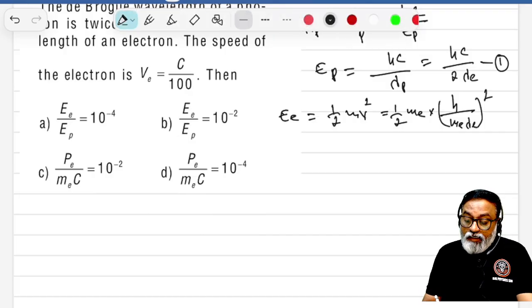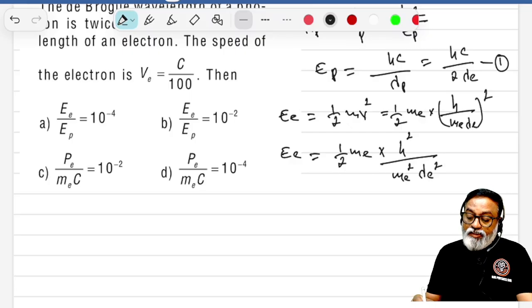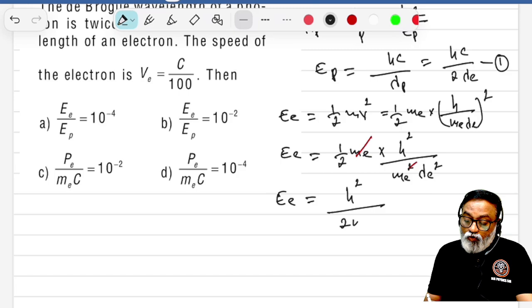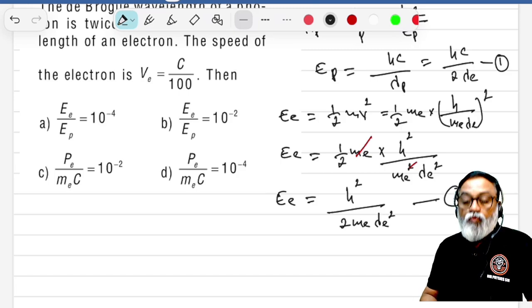This becomes energy of electron equal to 1 by 2 into m e into h square by m e square into lambda e square. Therefore, here one m e cancels. Then energy of electron is equal to h square by 2 m e lambda e square. It is equation number 2.